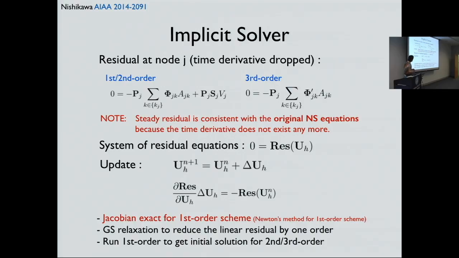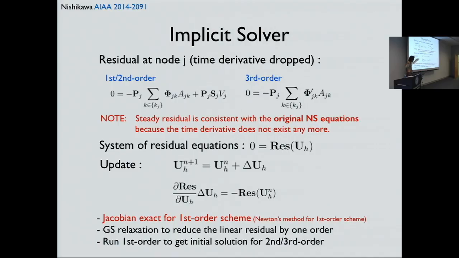Okay. So I have a global system of residual equation, and this is an implicit update. The correction is a solution to the linearized system. And the Jacobian is exact for first order scheme. So I have Newton's method for the first order. It converges to machine zero within 10 iterations.